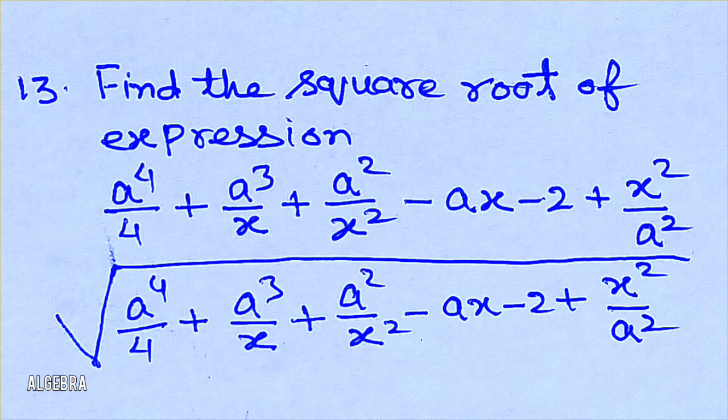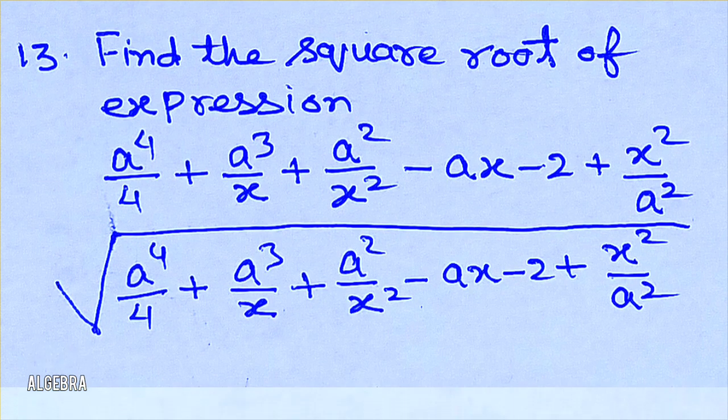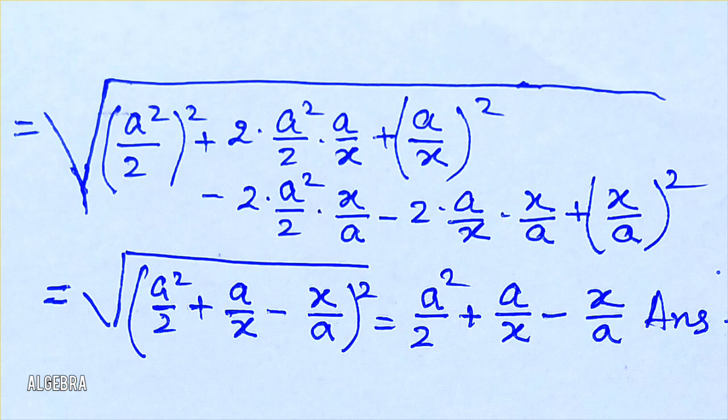Square root of a^4/4 + a^3/x + a^2/x^2 - ax - 2 + x^2/a^2 is equal to the square root of (a^2/2)^2 + 2 into a^2/2 into a/x + (a/x)^2 - 2 into a^2/2 into x/a - 2 into a/x into x/a + (x/a)^2, which is equal to the square root of (a^2/2 + a/x - x/a)^2, which is equal to a^2/2 + a/x - x/a. Answer.